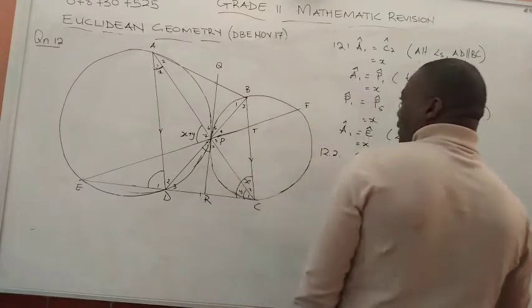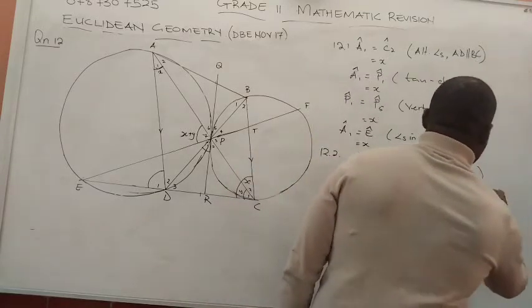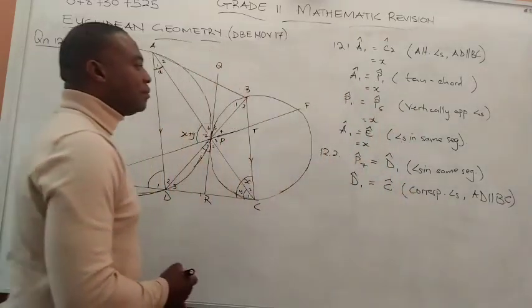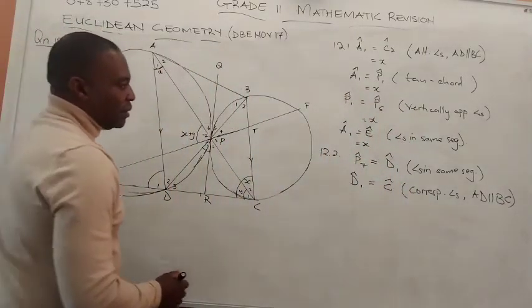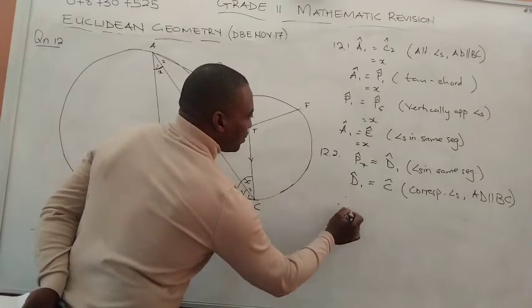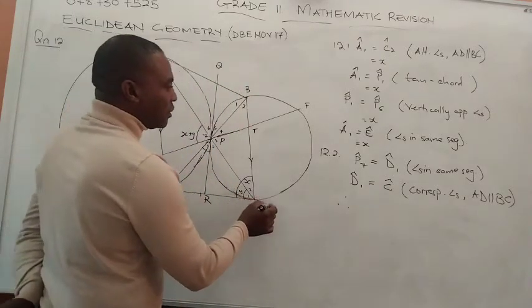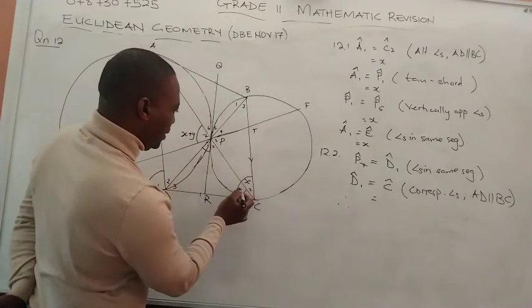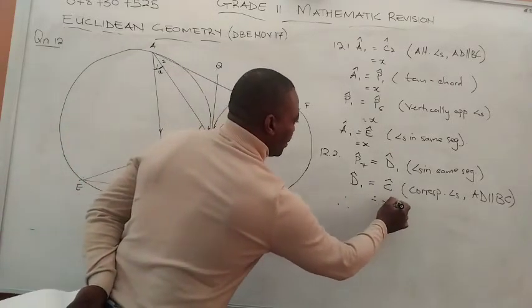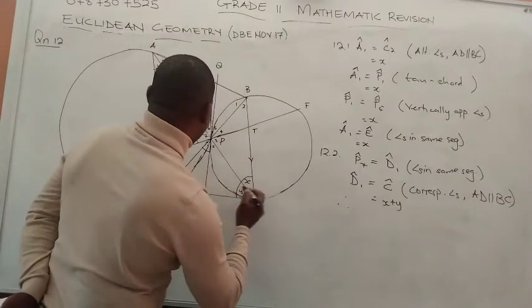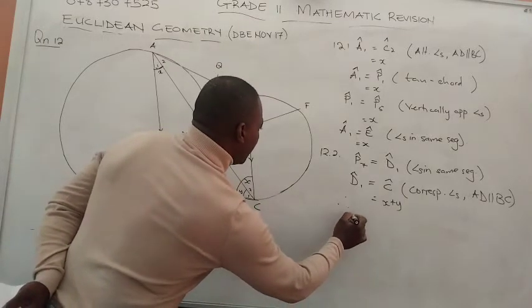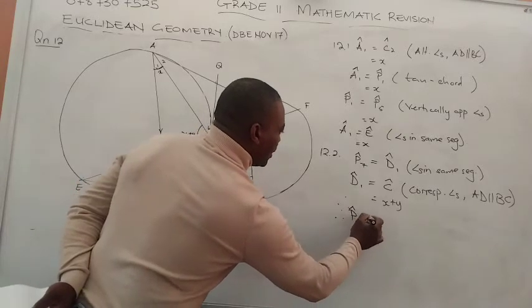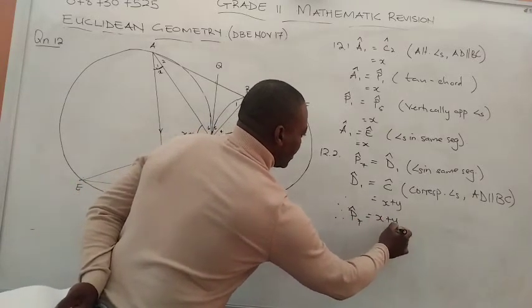Let's take the parallel lines: AD is parallel to BC. So therefore, since angle C is x plus y, therefore angle P7 is equal to x plus y.